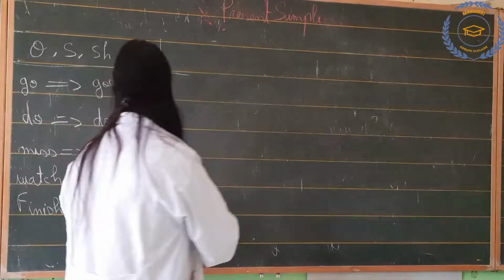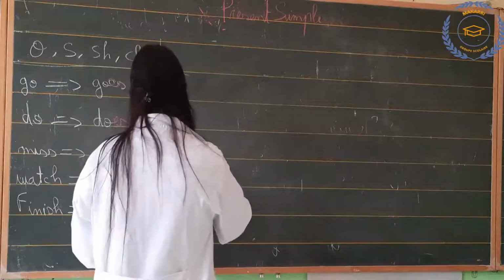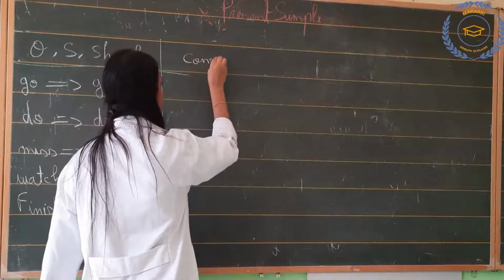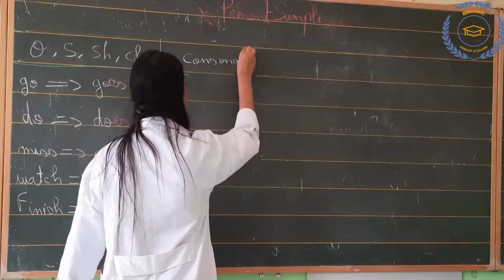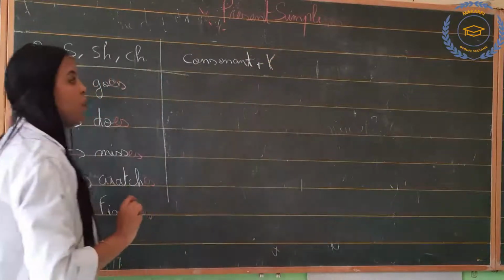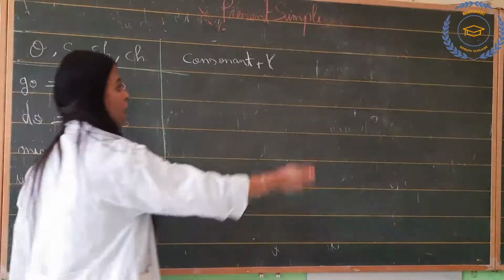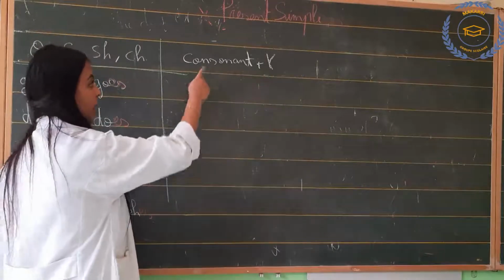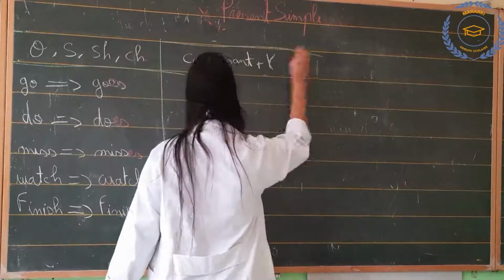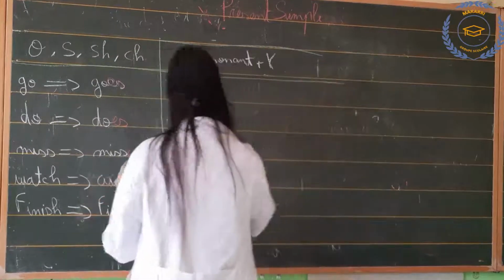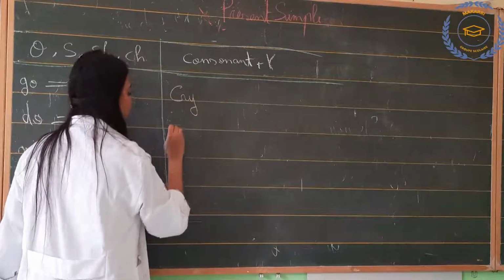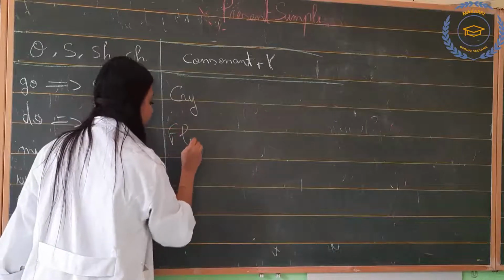And if the verb ends with a consonant plus y, if the verb ends with y preceded by a consonant, like the verb cry and fly.